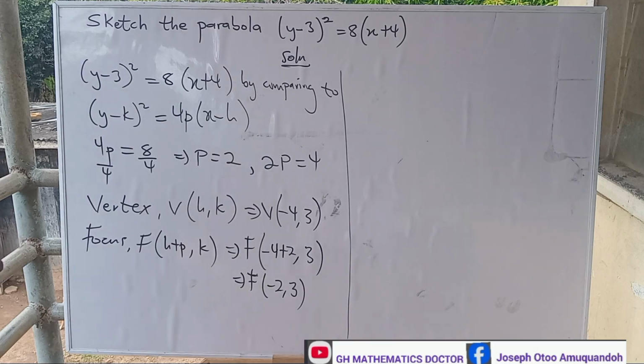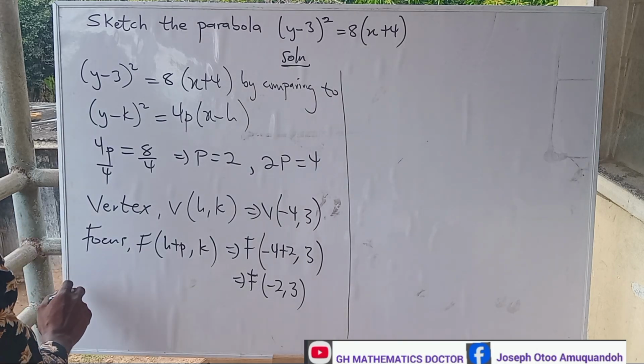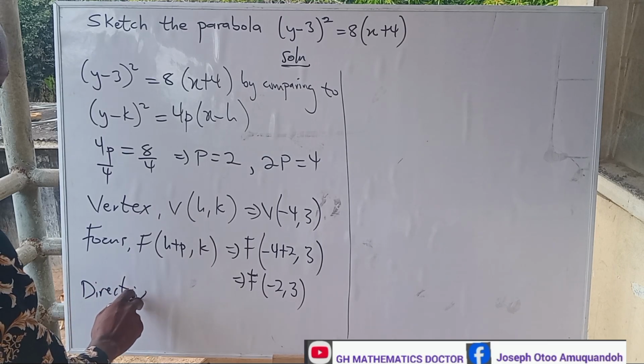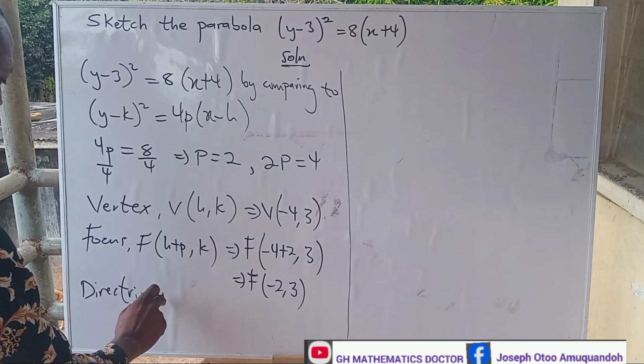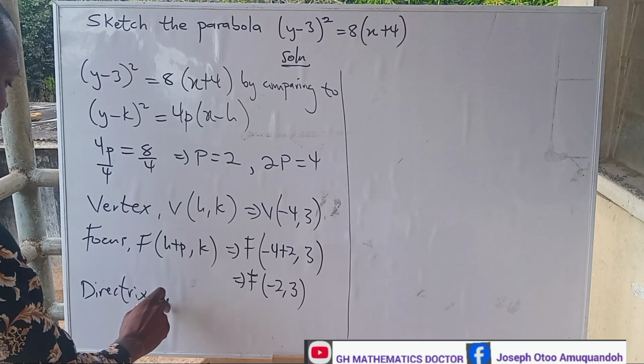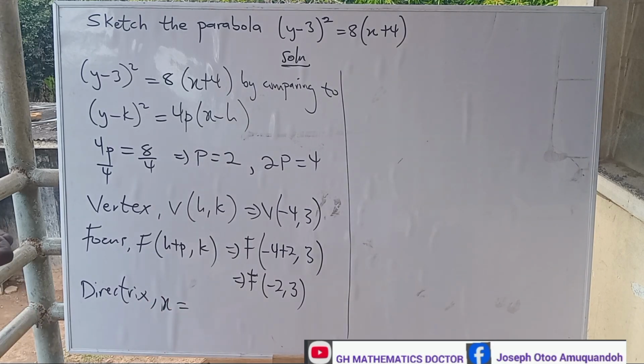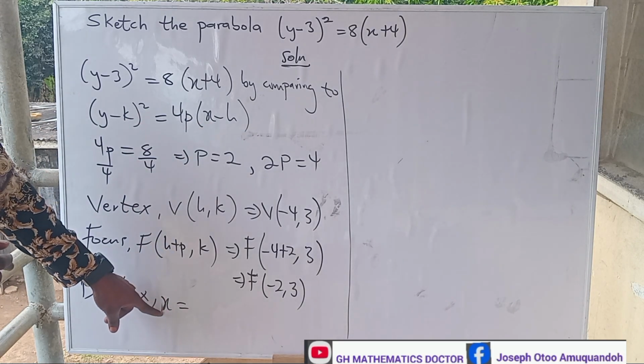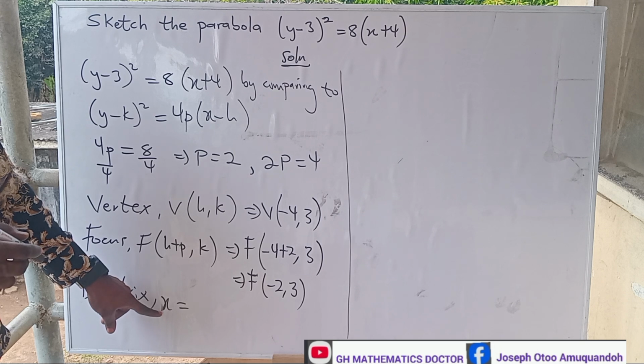Let's also find the directrix. So our directrix is taken from the equation. Since the parabola is open to the positive side of the x, the directrix will take x expression as the variable in the equation.